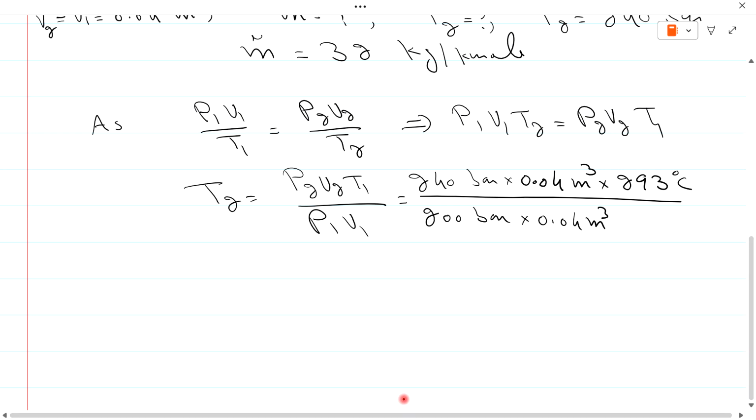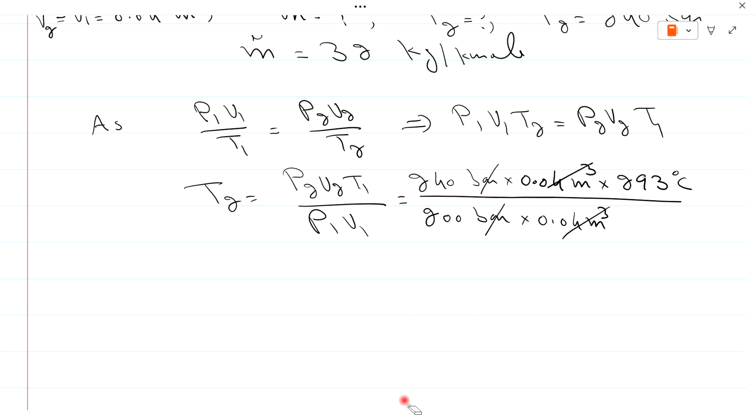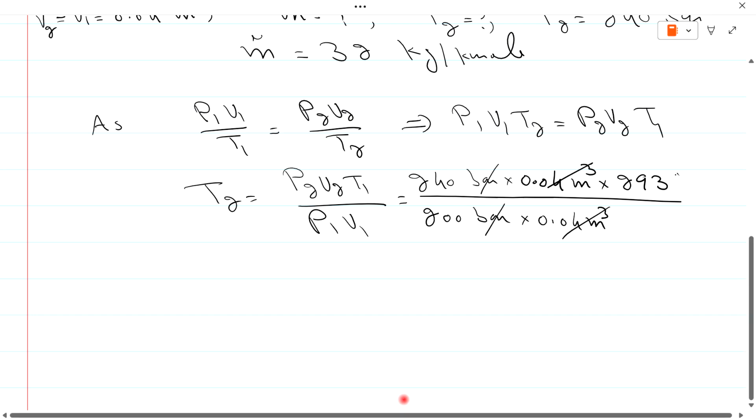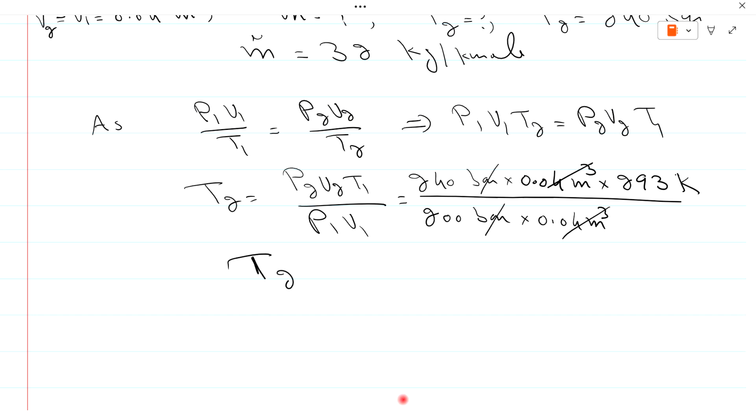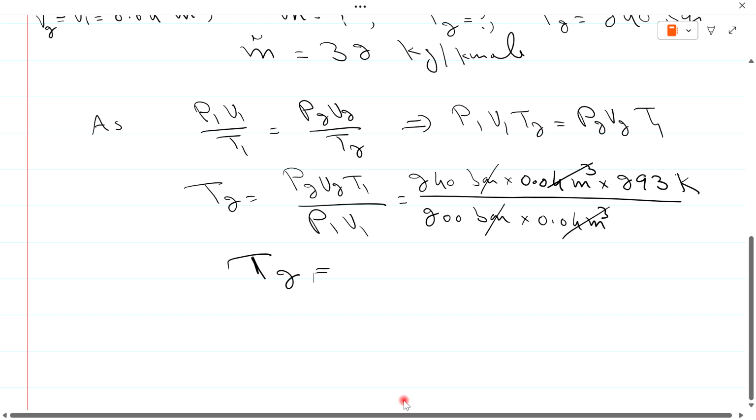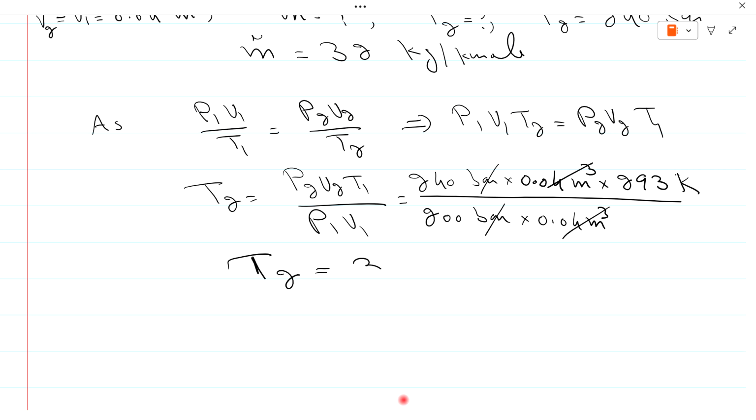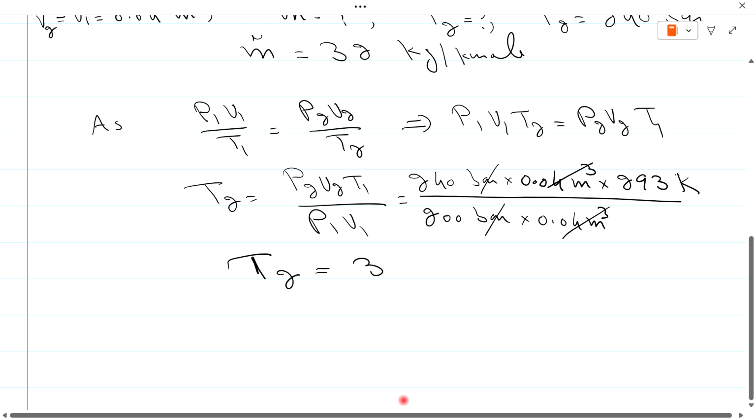Bar will be cancelled with bar, and 0.04 cubic meter will be cancelled with 0.04 cubic meter. The unit is not degree centigrade but Kelvin. So T2 will be equal to 351.6 Kelvin.